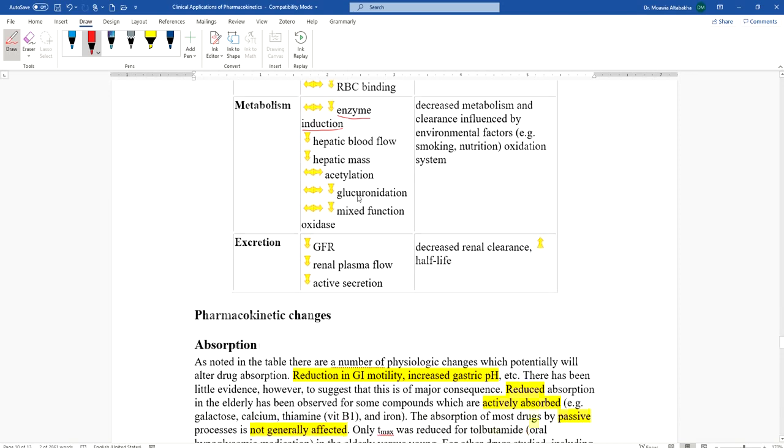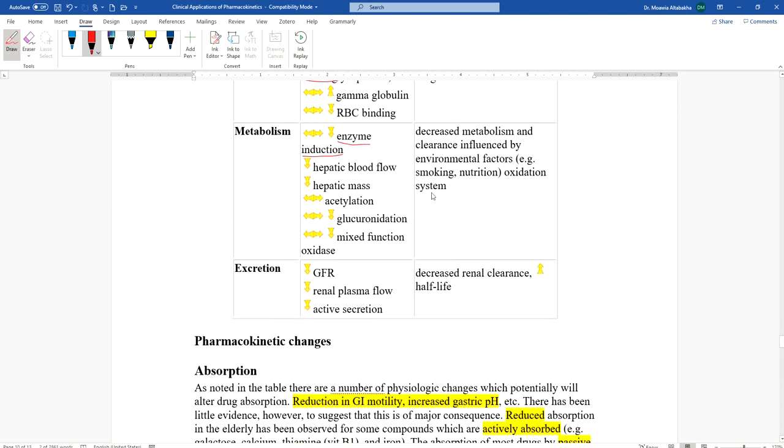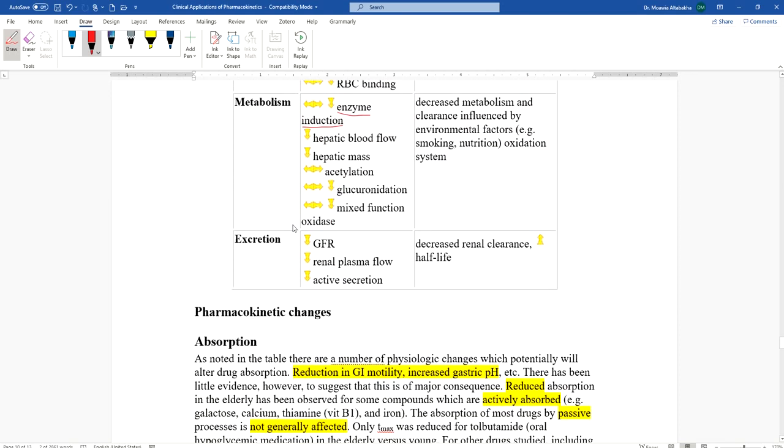Okay. طبعا this will cause decrease in metabolism and clearance. عندنا الاكسكريشن الGFR glomerular filtration rate decreases, renal plasma flow decreases, and active secretion also decreases, and overall there is a decrease in renal clearance. Okay. طيب, this is the summary of everything.